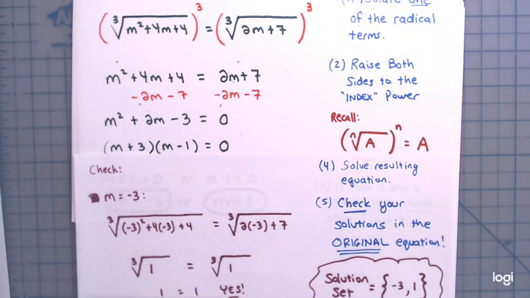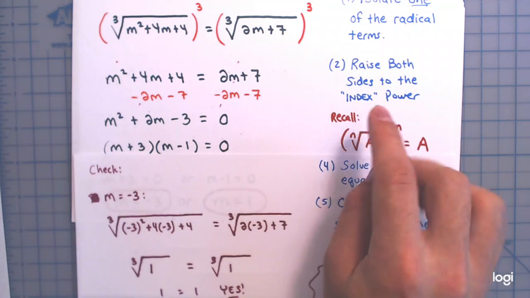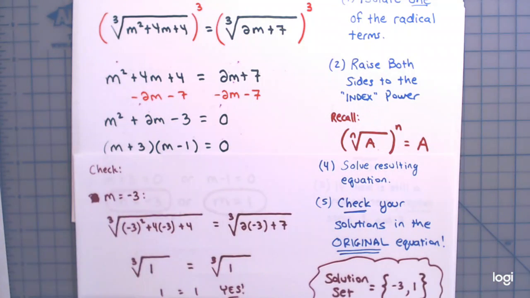And the reason you might come across some extraneous solutions is because of step 2. When you raise both sides to a power in an equation, you might actually change the domain of the expressions in that equation, and that could cause you to find some solutions that don't actually work back in the original statement. All right, so let's keep that in mind.